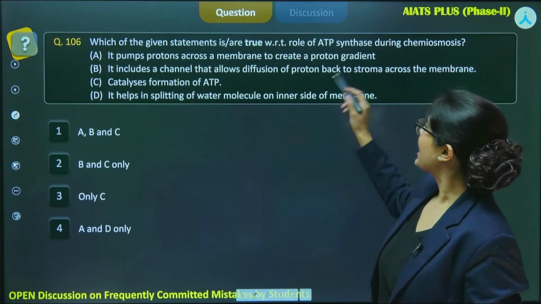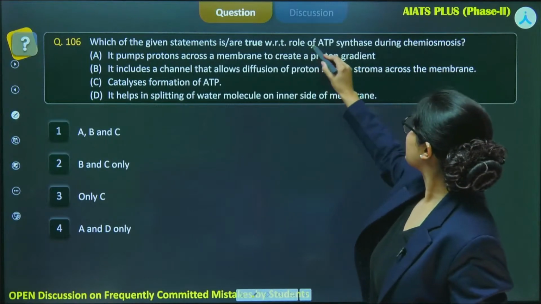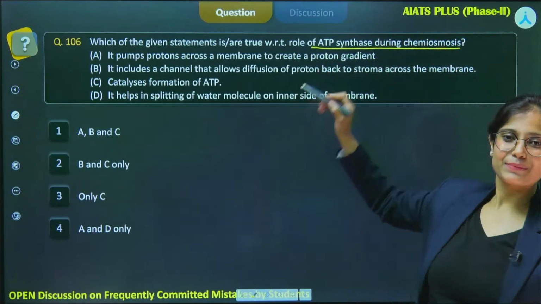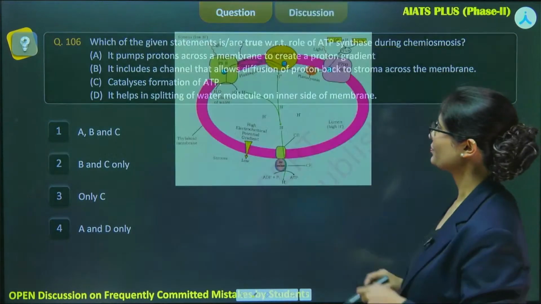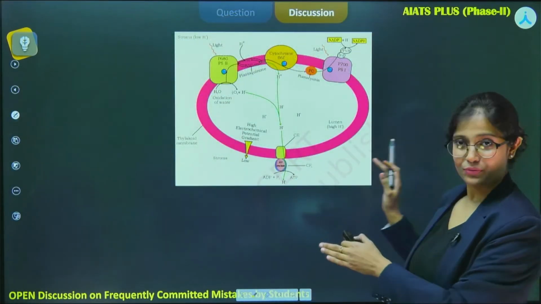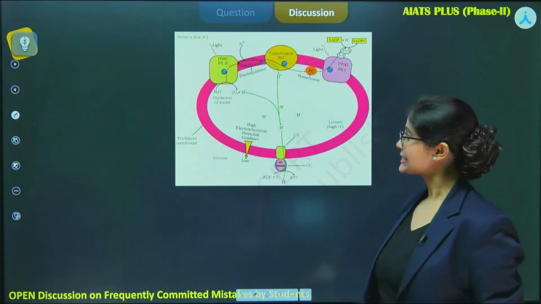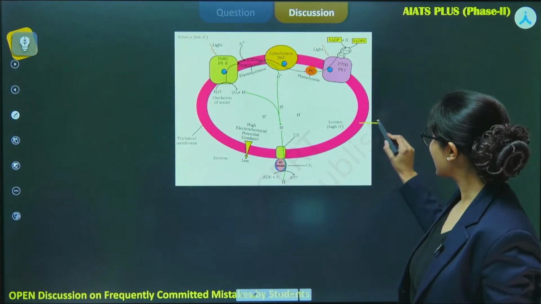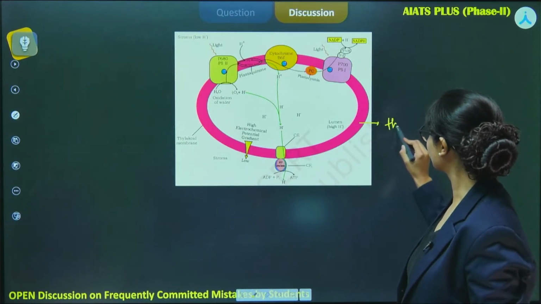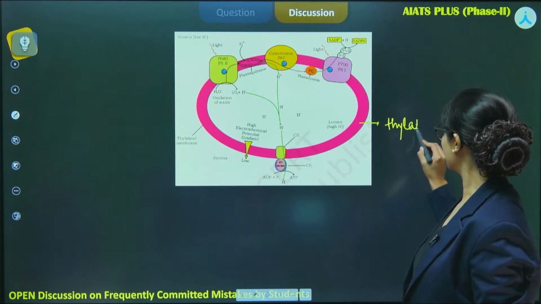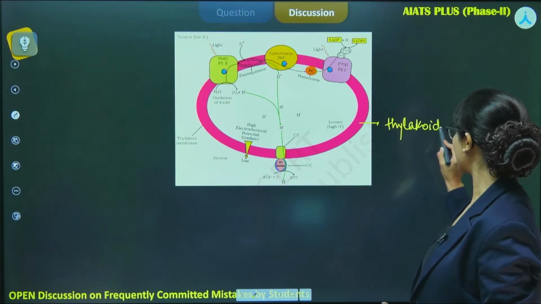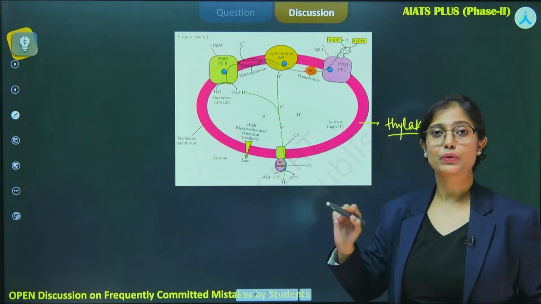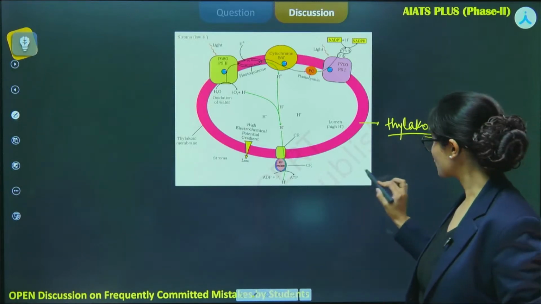Okay. Now let's see the role of ATP synthase during chemiosmosis. So this is the beautiful diagram from the NCERT itself. This is the thylakoid membrane. We are going to talk about chemiosmosis in the chloroplast. This is the stroma region.